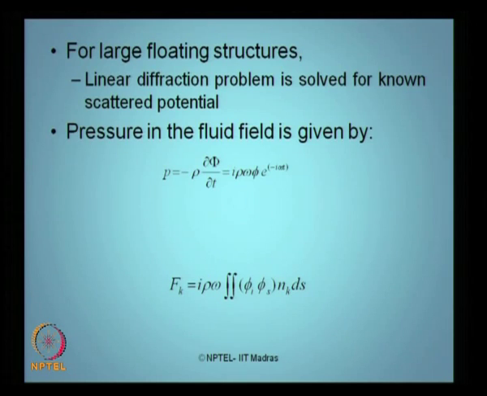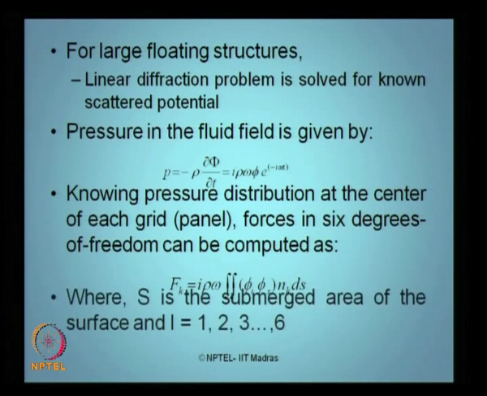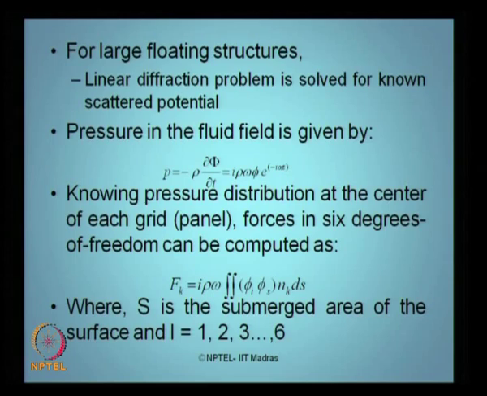If you talk about large floating structures, where again we have an example in dynamics, the linear diffraction problem is solved for a known scattered potential. Now the pressure in the flow field is given by this expression as you see in the slide, where S is the submerged area of the surface in all degrees of freedom.